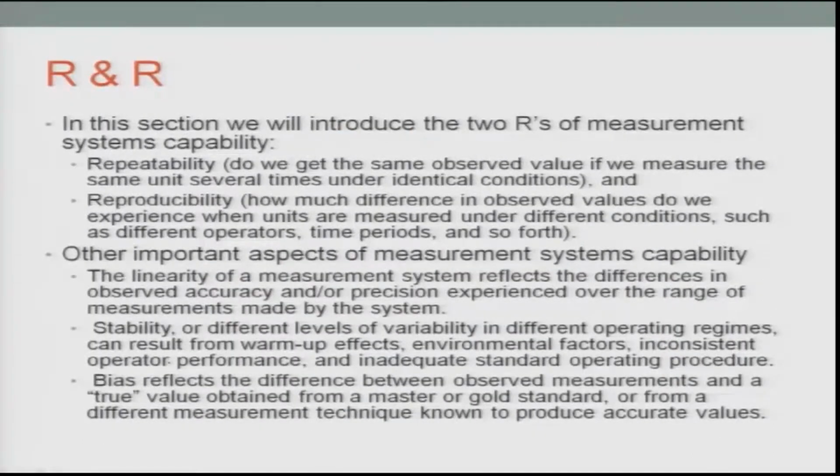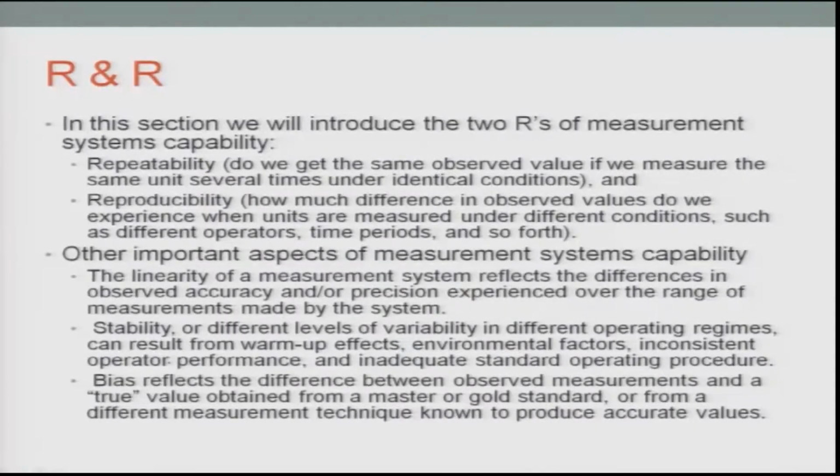Now, we will go through the simple concept qualitatively of repeatability and reproducibility in process capability studies or analysis. In this section we will introduce the two R's of measurement system capability and understand them in detail.